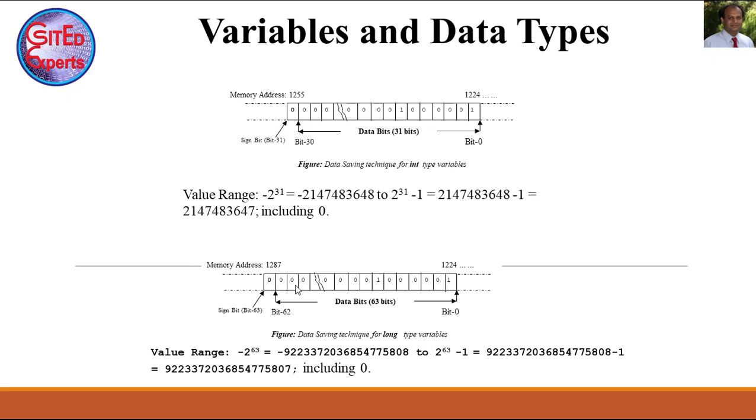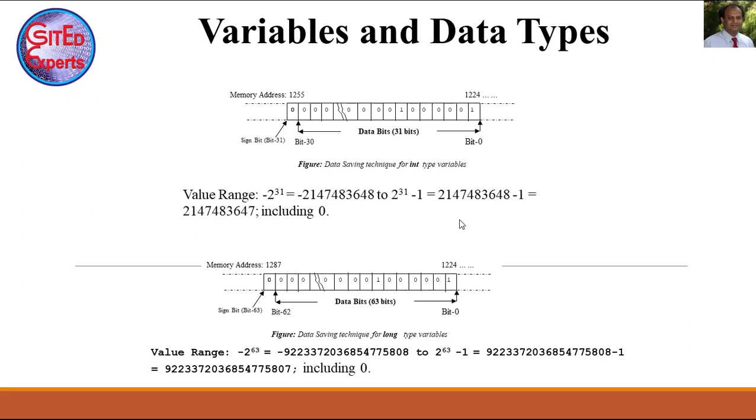So based on different combinations of 0 or 1, the value for a long type could go from a very large negative number to a very large positive number including 0. When we deal with a very large number, we will use a long type, and in other cases we will use integer or short types.